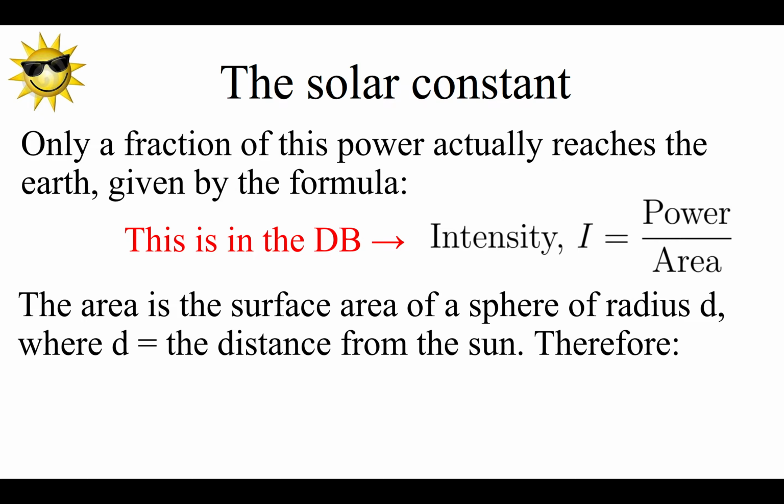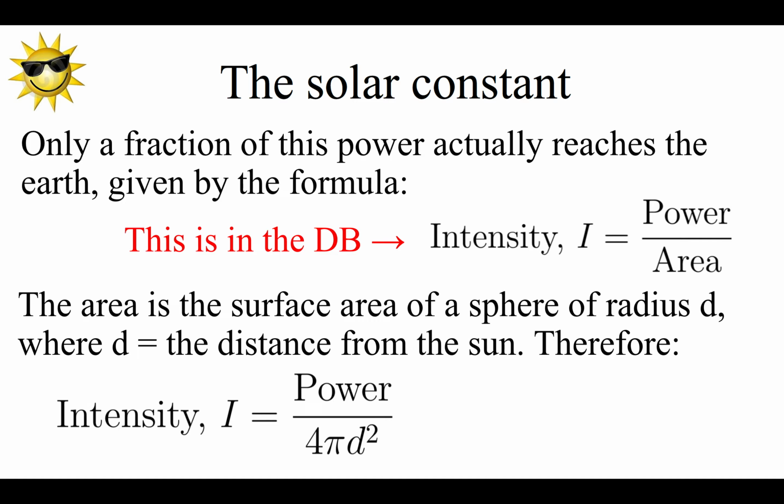In other words, Earth's distance from the sun. Okay, so we then use the surface area of a sphere and plug it into our equation, and we get intensity equal to power divided by the surface area of a sphere. And this value is, just FYI, not in the data booklet.